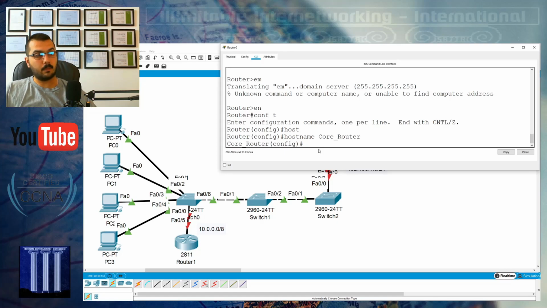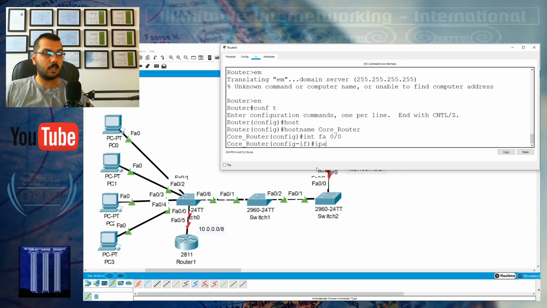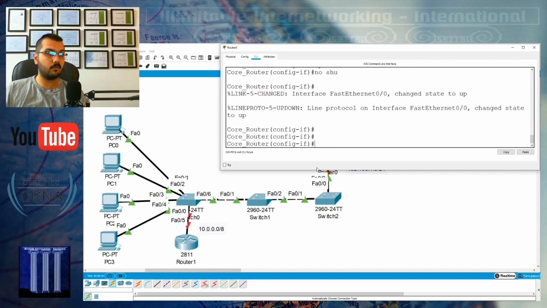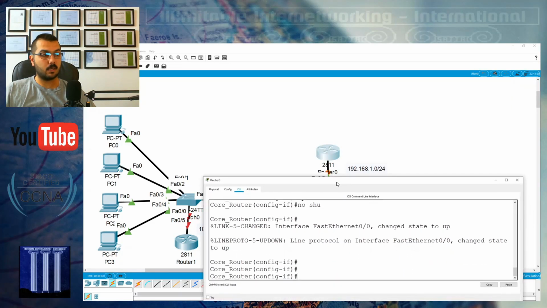This is FastEthernet 0/0, so interface FastEthernet 0/0. It will have our gateway IP address, so it will be 192.168.1.1 /24 with no shutdown. This is just an initial config and it's the only initial config that I will need for this router.